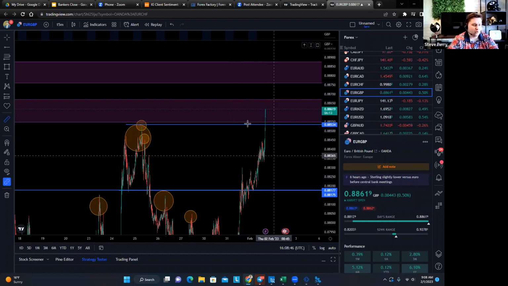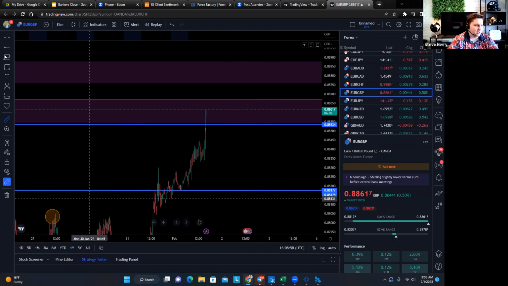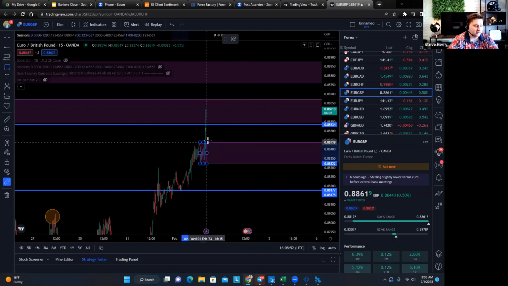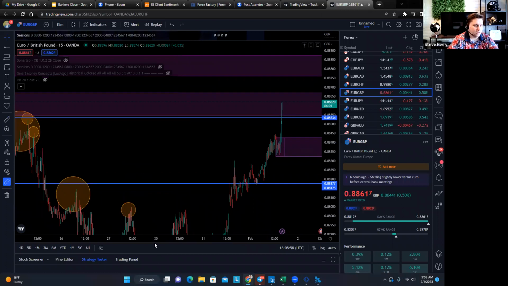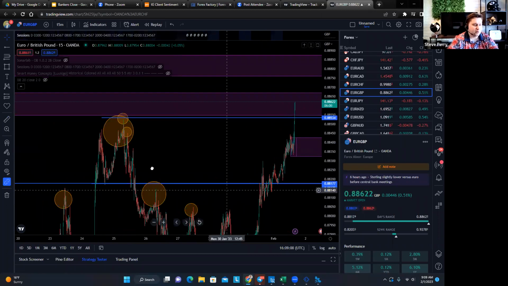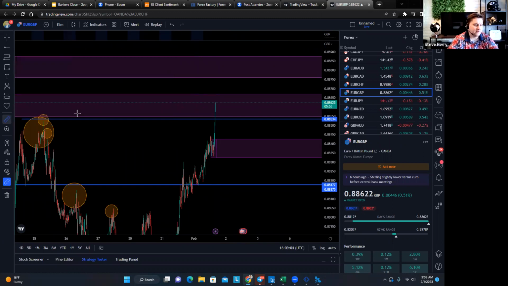If this thing were to pull back, where would it pull back to? Probably into this demand right here, and then you would see it go back up. So is it a great buying spot right now? No. Would I be more comfortable buying than selling? Yeah, I'd rather be a buyer than a seller on this, just because we're breaking structures.